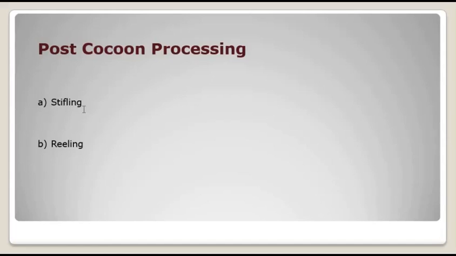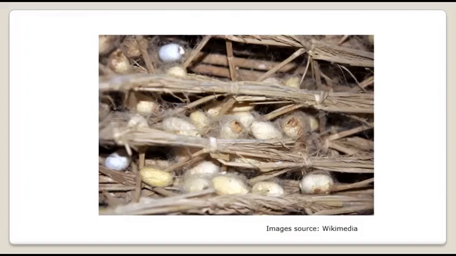Now it can be achieved. Let's focus here. Whatever these are, they are the cocoons, and these are broken cocoons, right? Through which the adult, that is the imago, has come out and flown out. Now this happened because these cocoons are not processed. These cocoons are not killed.